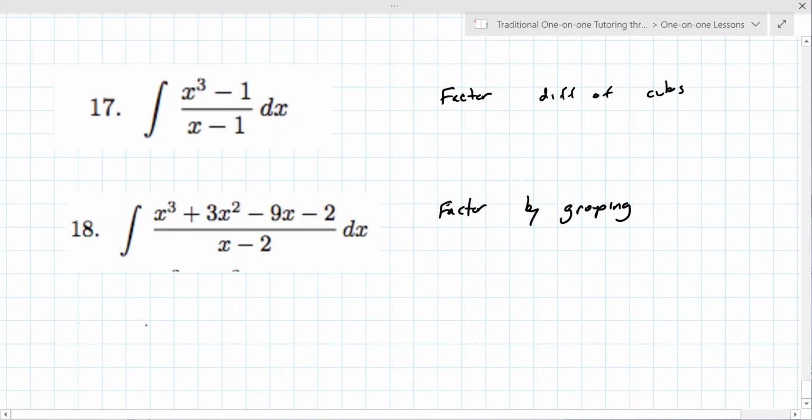So the numerator becomes x squared, x plus 3. No, I'm wrong. I'm sorry, I'm wrong. This is something else. Let me look here. This one may require you to do polynomial division. But I don't want to comment on that.